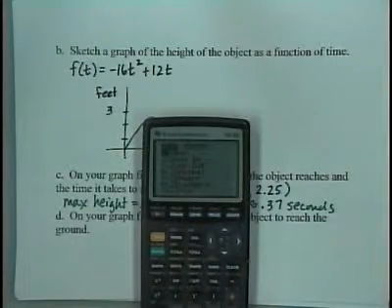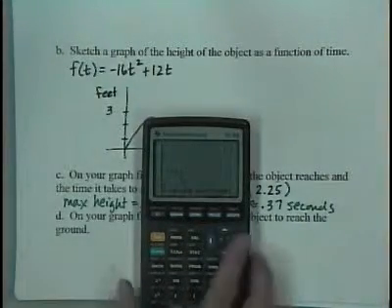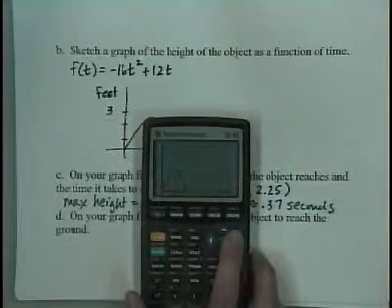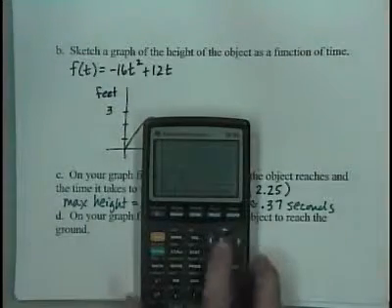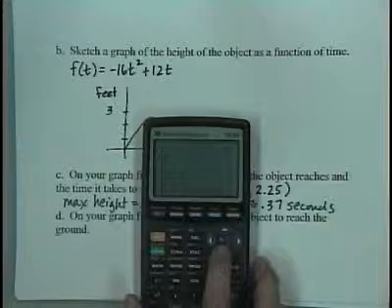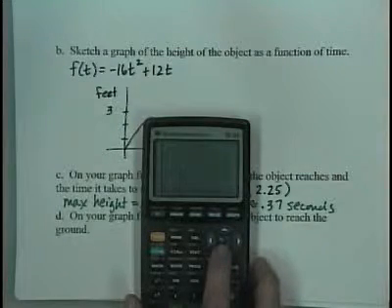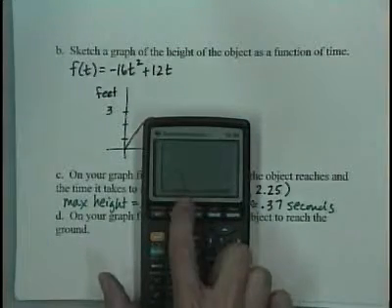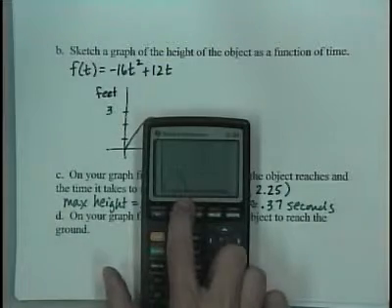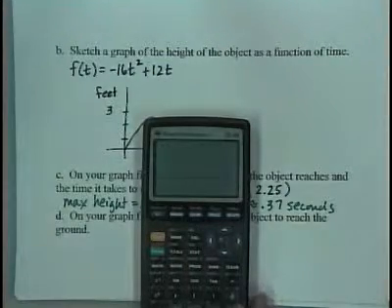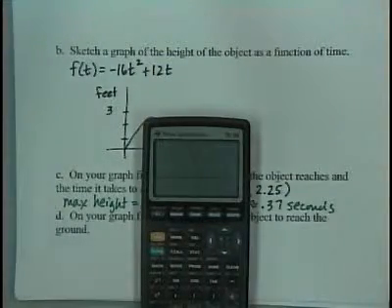We choose zoom and option 2, and we want to move the cursor with the arrow key to the right and down and close to the point where the curve hits the axis. Now it's buried behind the X number here, but I can push enter and the graph will be redrawn.